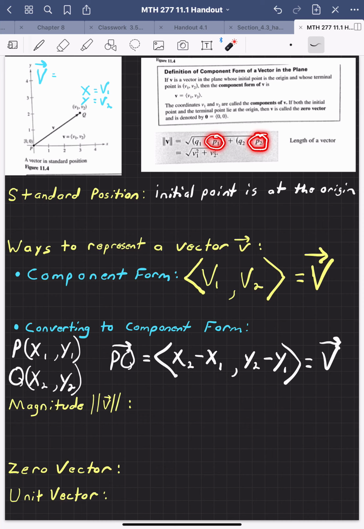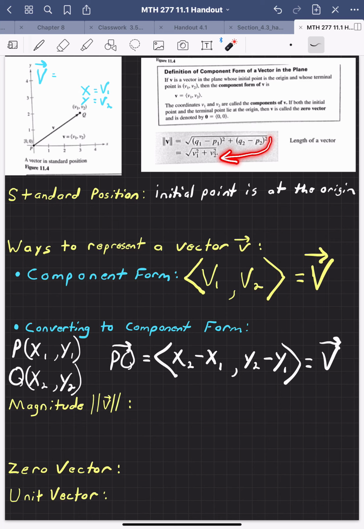That would mean x sub 1, y sub 1 is at the origin, so you would be subtracting 0 minus 0. If this is 0 and this is 0, you can see how this simplifies your magnitude equation.